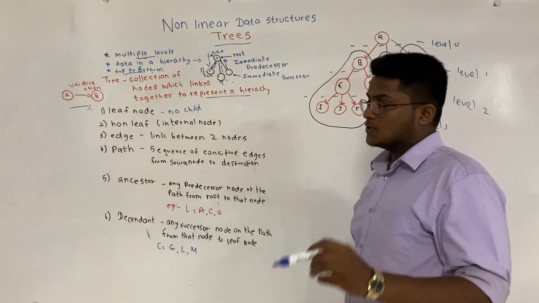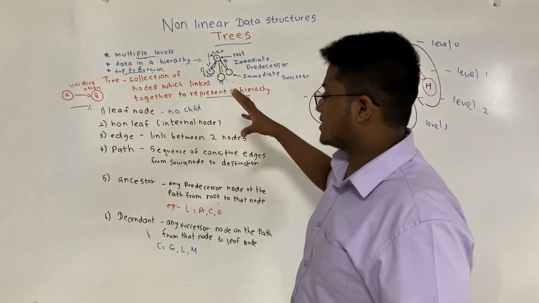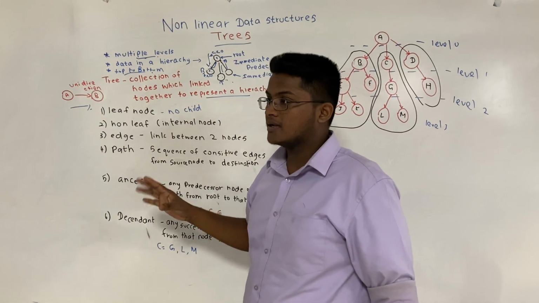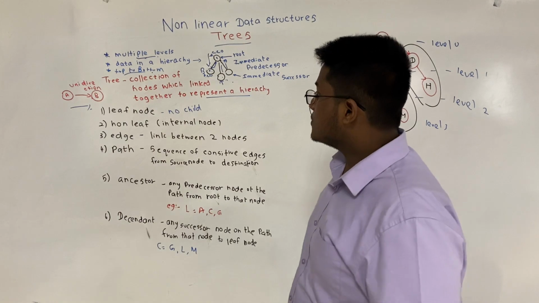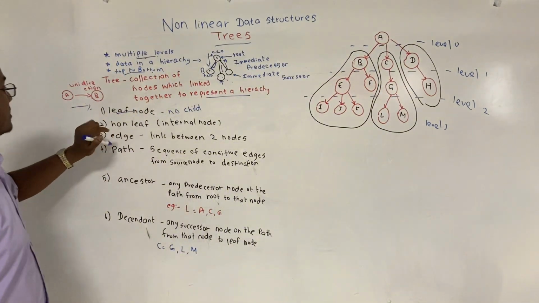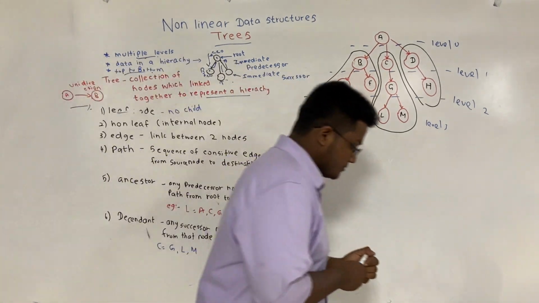In a tree there are so many terms: leaf node, non-leaf node, edge, path, likewise. We will learn them one by one. First, what is meant by a leaf node?